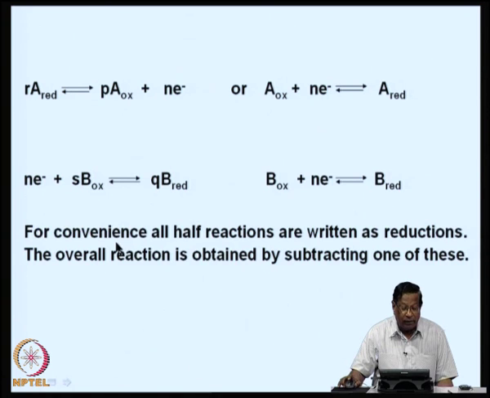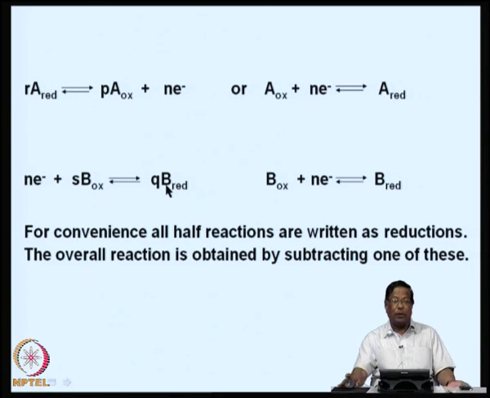Now, for convenience, what we have done is we have written half cells. The half cells represent only one species, the reaction occurring at one species. Only when the cells are connected together do they represent a complete cell.